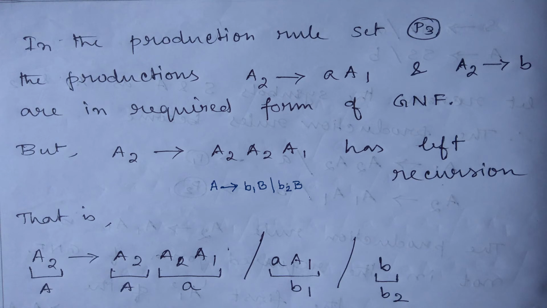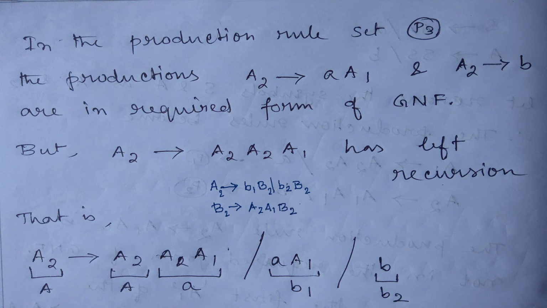B1 B or B2 B, and the new B will be something like, actually I should write B2. Okay. So B2 can be written as A2, A1, right? Because I want to record this with B2.